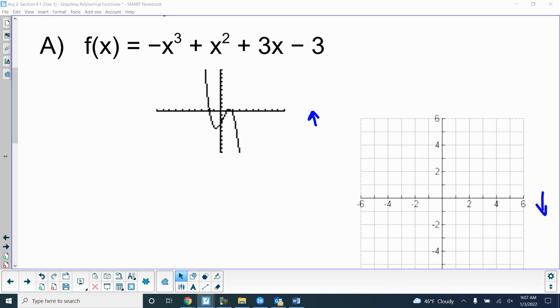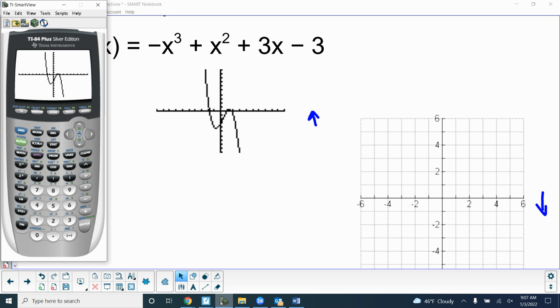Okay. How can I get some points to plot so it looks like it's supposed to? What's another way I can look at points? If I know the graph, I can look at its table, right? Hit second graph. And here's some positives too. There we go. -3 to +3.